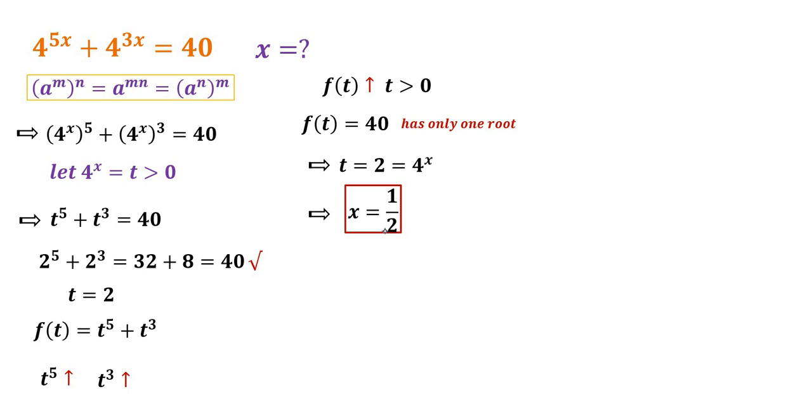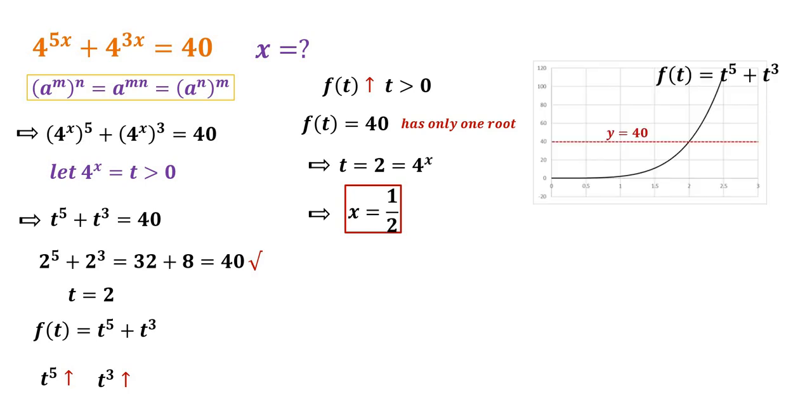Additionally, I bring up the graph of f(t) to make sure that we're getting the correct results. Here is the graph of f(t) is equal to t to the power of 5 plus t to the power of 3. You see here the straight line at the level of 40 has only one intersection with the graph of f(t), and the corresponding t value is 2.